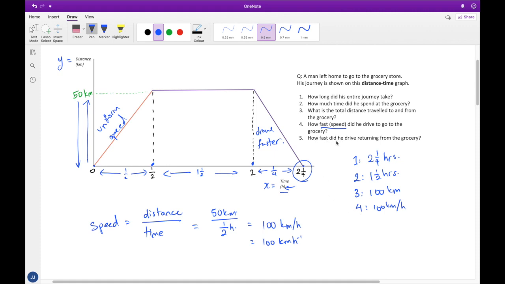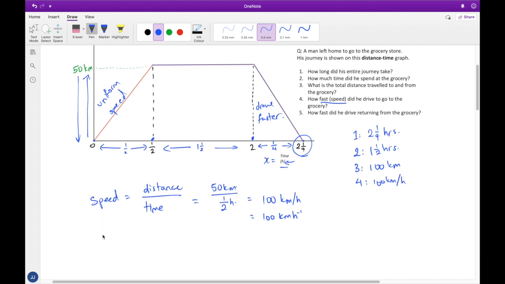So how fast did he drive returning from the grocery store? Well, we can see from the graph that he took a lesser amount of time, which means he drove faster. So let's see exactly how much faster. Speed is equal to distance moved over time taken. The distance moved is the same 50 kilometers coming back from the grocery store, but the time taken would have been 15 minutes, or a quarter of an hour.